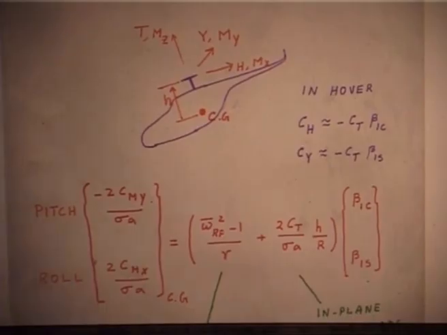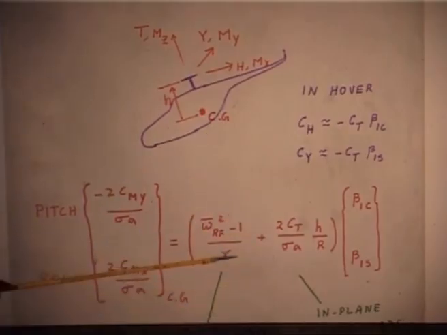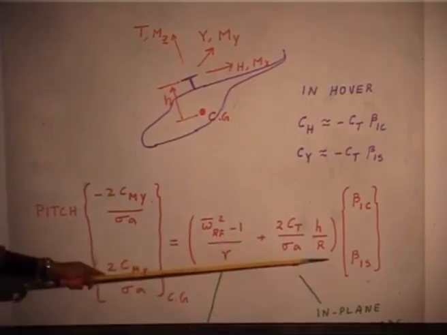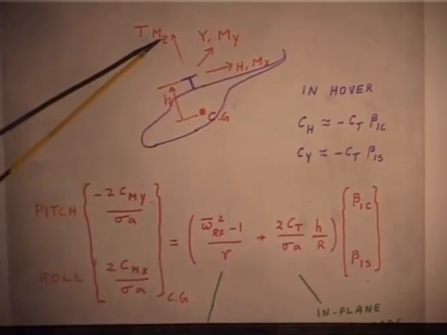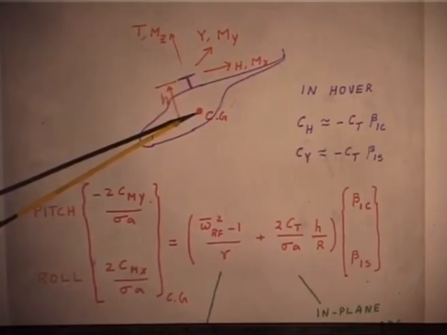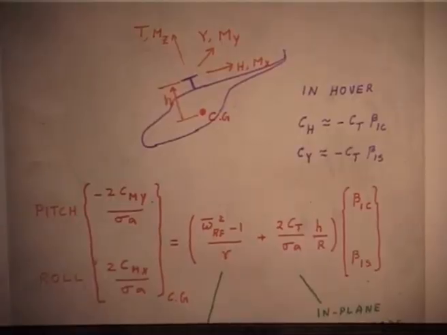But what happens to this? If you want to know the pitch moment, the thrust is directly passing through the CG, because I am saying CG is right on the shaft and thrust I always define perpendicular to the plane of the hub, and it is not going to give me any moment.